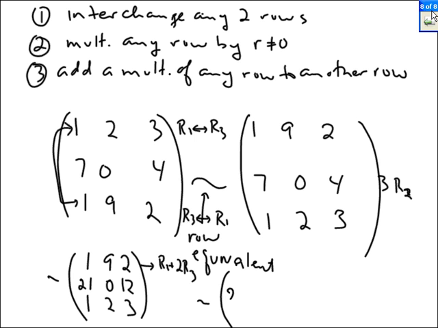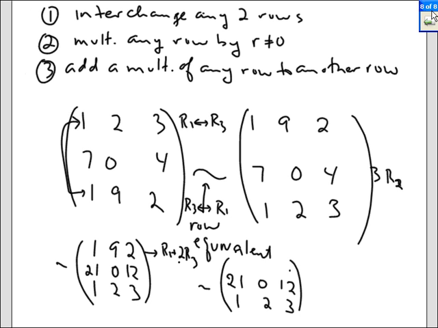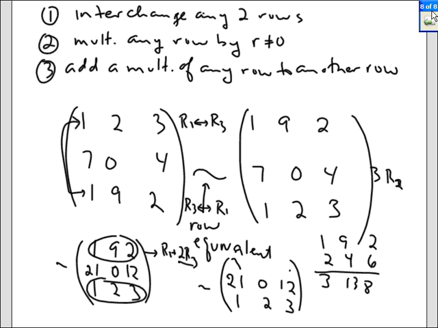So rows 2 and 3 are not being changed. I'm going to take row 1, 1, 9, 2, and add 2 times row 3. 2 times row 3 would be 2, 4, 6, and when I add them I get 3, 13, 8. All of the matrices in front of us are row equivalent.